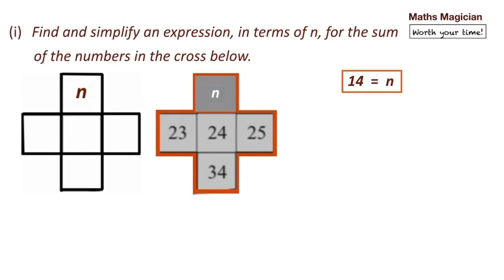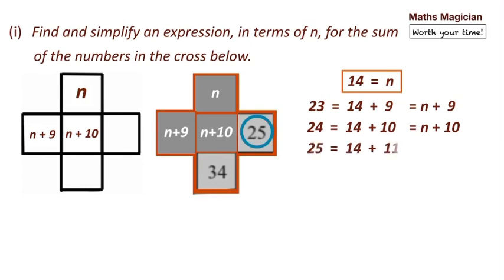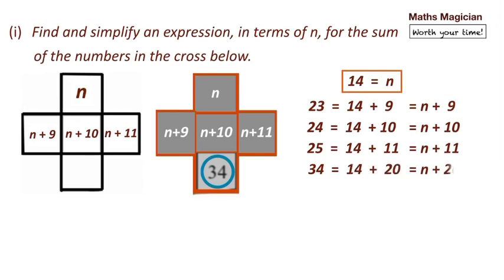And then accordingly, we write other numbers in terms of n, and so 23 is equal to n plus 9. 24 is equal to n plus 10. 25 is equal to n plus 11. 34 is equal to n plus 20.